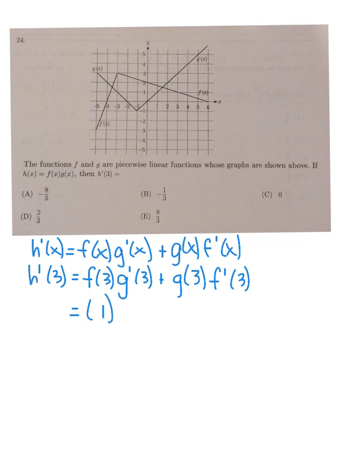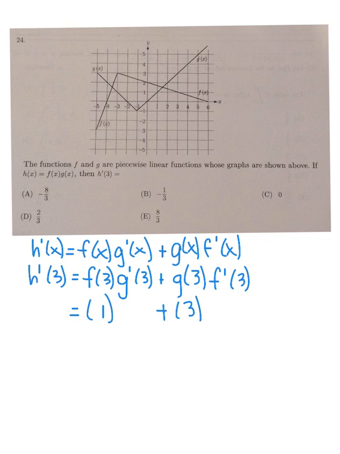Now I'm going to skip to g of 3. This is the graph of g. I'm going to go to where x equals 3. Here it is, right? That's x equals 3. And look at its y value. That's positive 3. So then I know that g of 3 is 3.